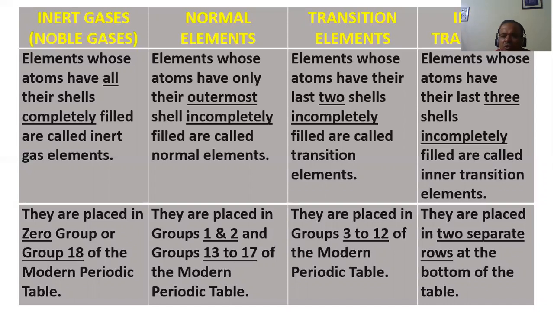The last two rows, if you remember that modern periodic table which is given in your books. I hope your books are there with you. If you don't have, kindly pause the video and bring your books. If you open to page number 23, the last two rows you can see are called inner transition elements.